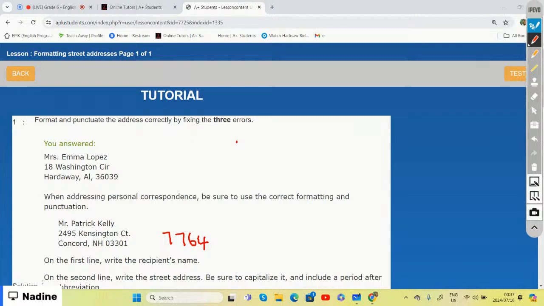So according to you, you say zip code, you use state, you use period, whereas with me, it's postal code, or province, or full stop. It's definitely a period. All right. Thank you for that.